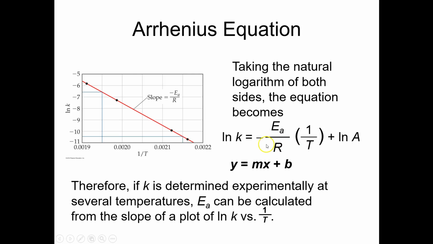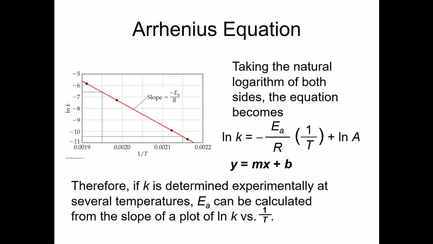And here we can actually put that into a linear form in which Y is equal to the log of K, X is equal to reciprocal temperature, the slope is equal to negative EA over R, and the y-intercept is equal to the log of A. And you can see you get a linear relationship when you plot log of K versus reciprocal temperature. We're not going to do plots like that.